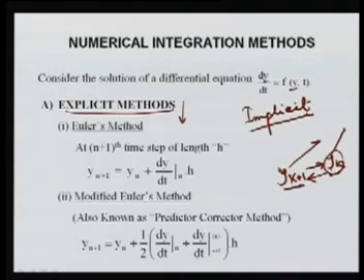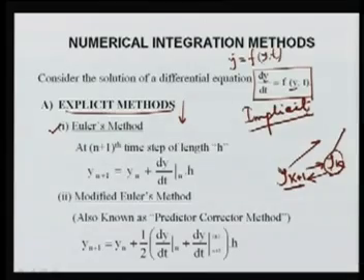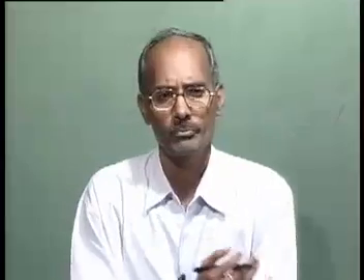To see this, first the explicit method, the first one, as I said, is Euler's method. Here is the function we want to solve. We can write it as y dot equal to some function f of y and t. Here y can be a vector, a set of variables, meaning it may be y1, y2, y3, and so forth, of n variables.